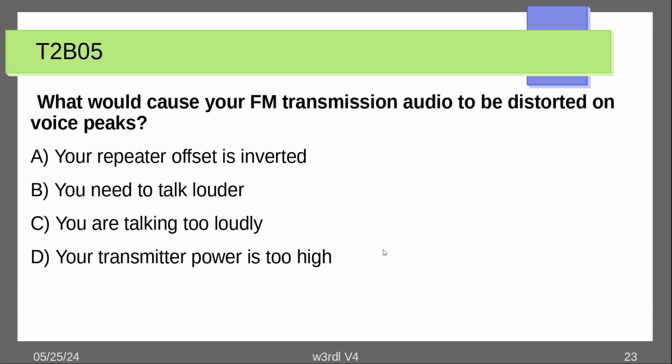That's interesting about talking too loud. What happens is you're clipping the signal instead of having a sine wave modulation. It just goes up to a certain point and then it cuts it off. So you're basically converting it to a square wave, which contains a bunch of odd harmonics.